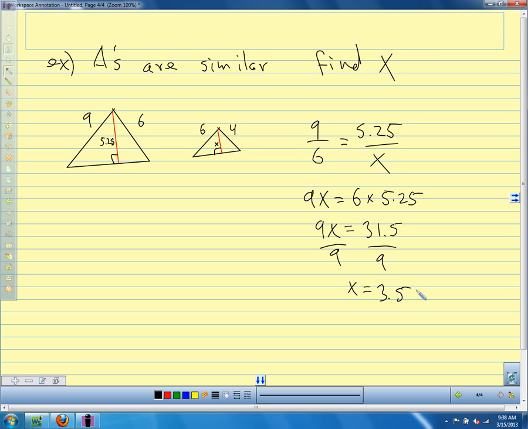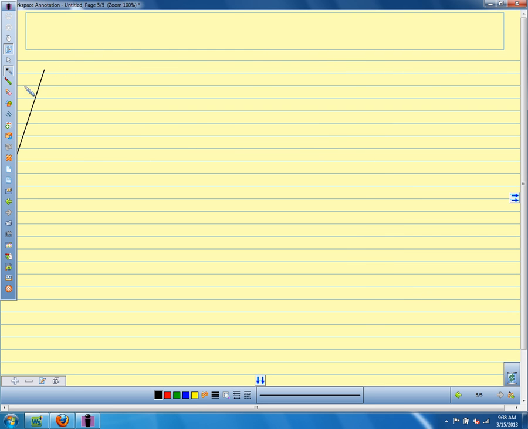All right, let's look at an example with medians, and then we'll be set. Again, our triangles are similar. So here are our triangles.